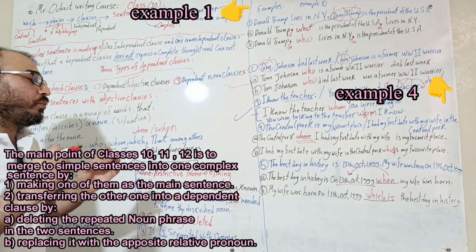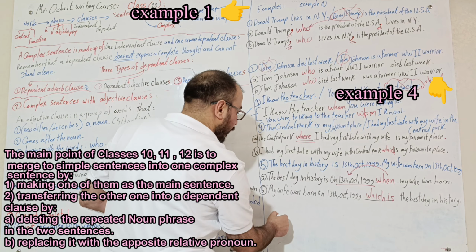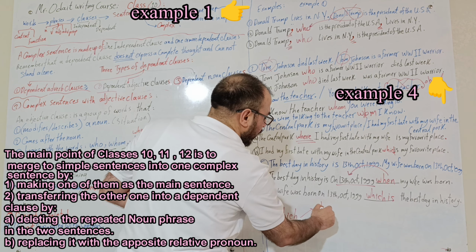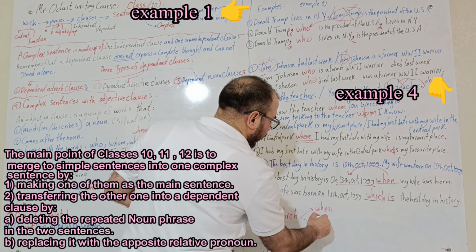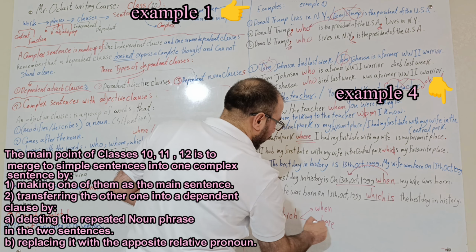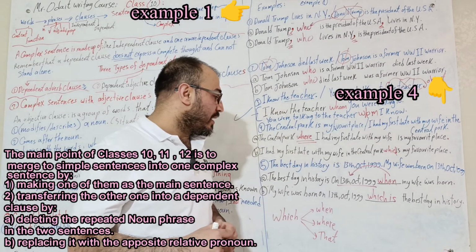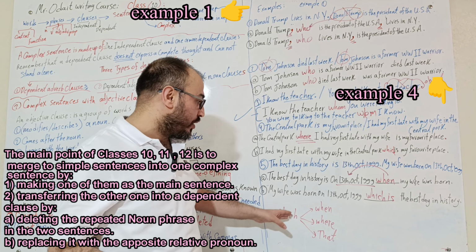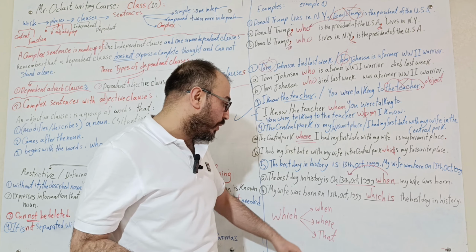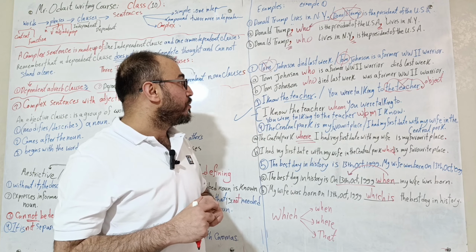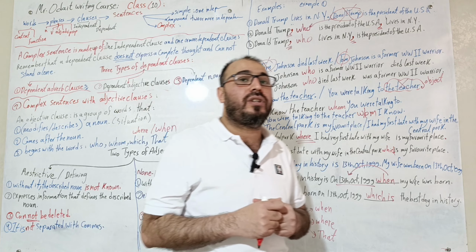Again, my friends, we use the word which to replace when or where, and sometimes that. In the next class, my friends, we are going to discuss which and how to use it to replace when and where and that, because I don't want to confuse you and overload you with information.